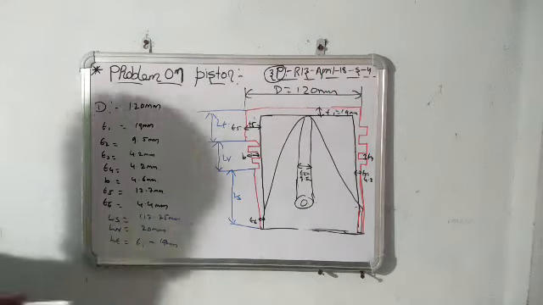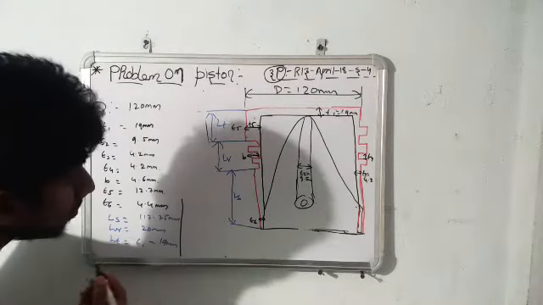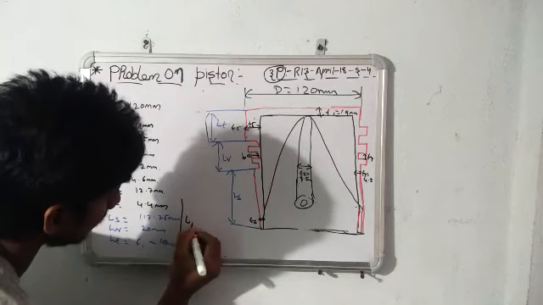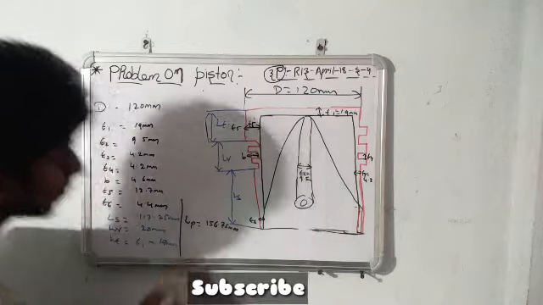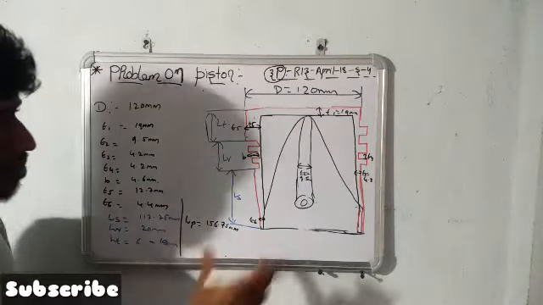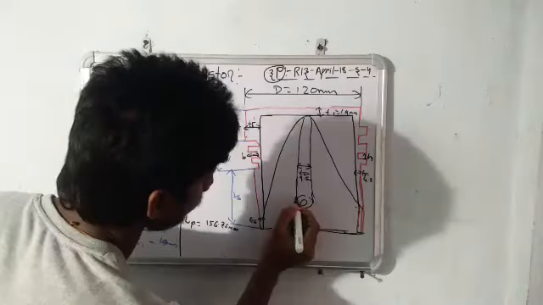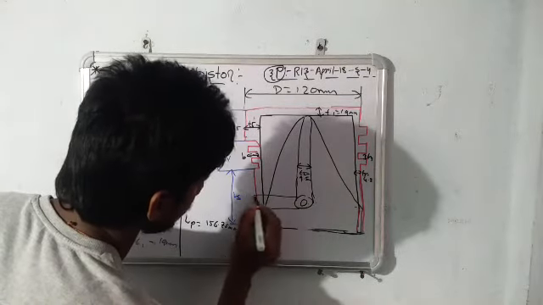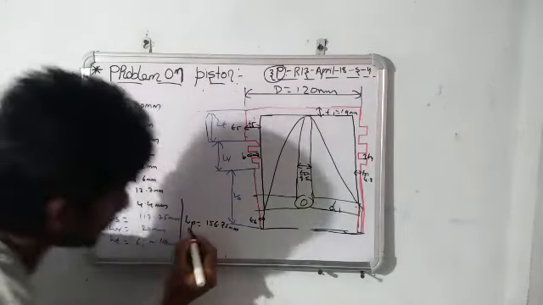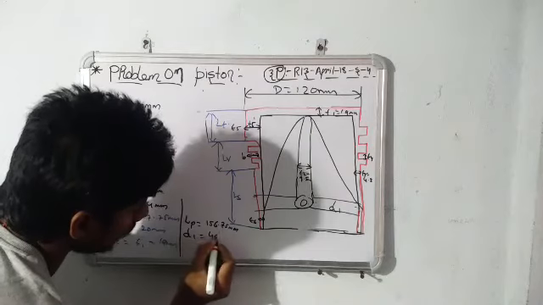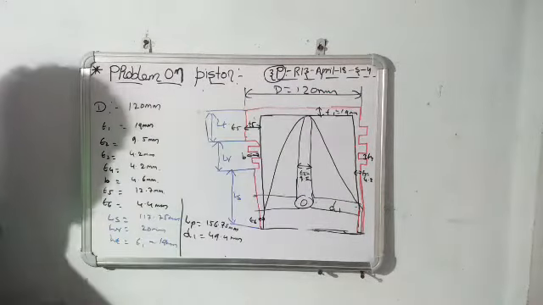Okay, and after that we found some more values, that is the total length of the piston, 56.75 mm. After that, we found the diameter of the piston pin, D1, which is approximately 49.4 mm in this problem.